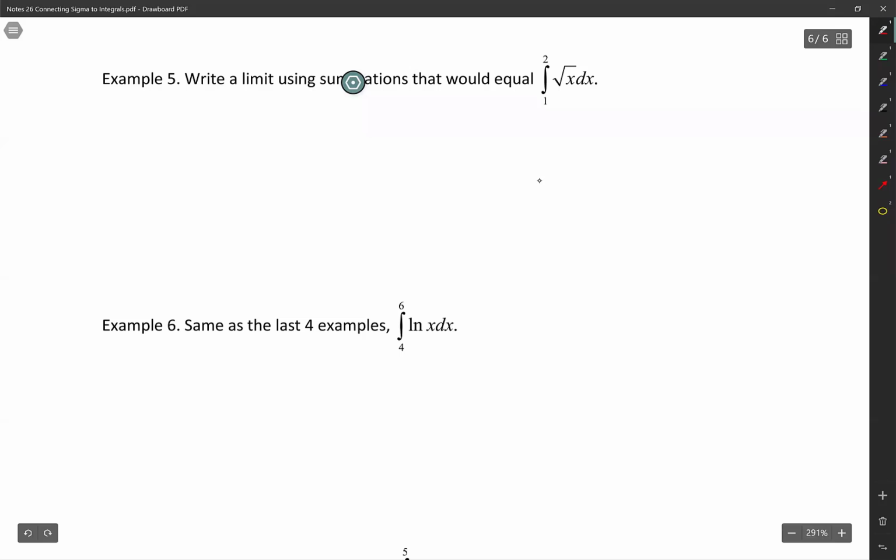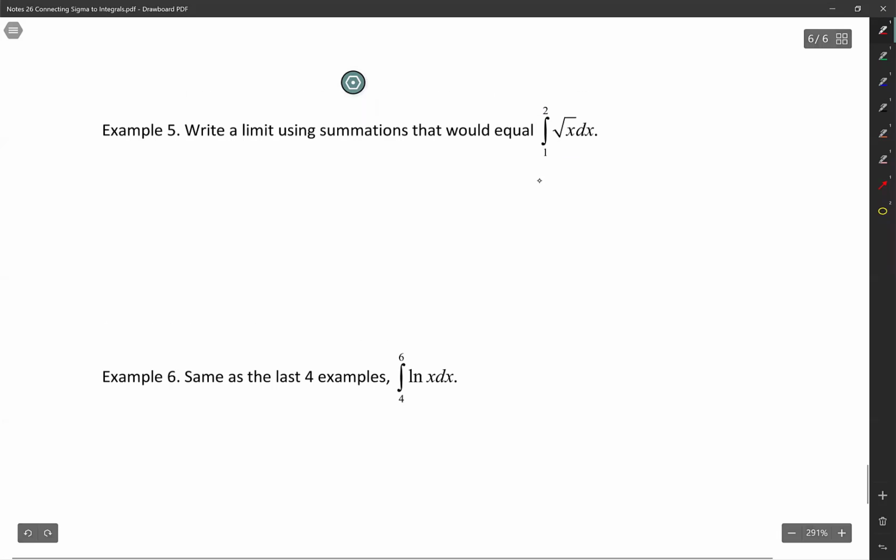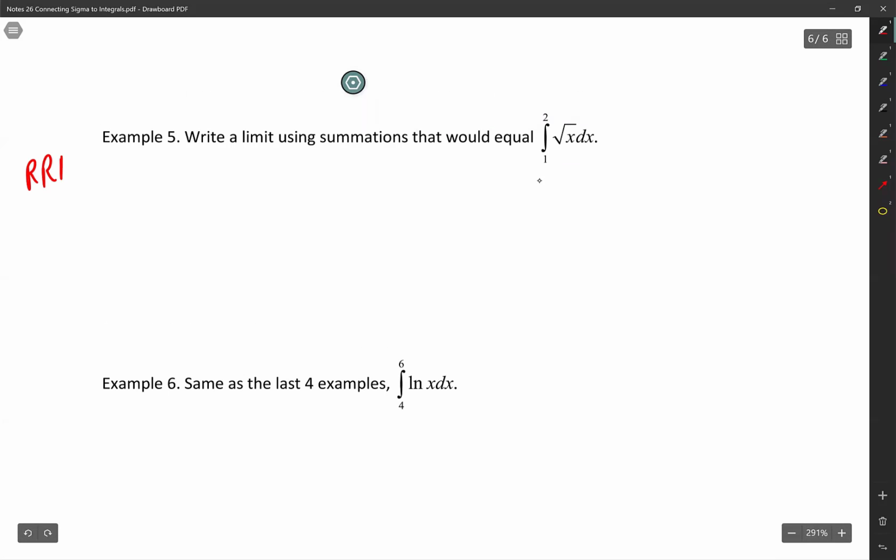Let's see if we can figure this out. We're going to do RAM because I think RAM's the easiest for now. Once we become pros, we'll start doing M and L. If I'm adding an infinite amount of rectangles, all of them will sum up to the same number. All right, so here we go. Delta x: 2 minus 1 divided by the number of rectangles that they tell me to do.